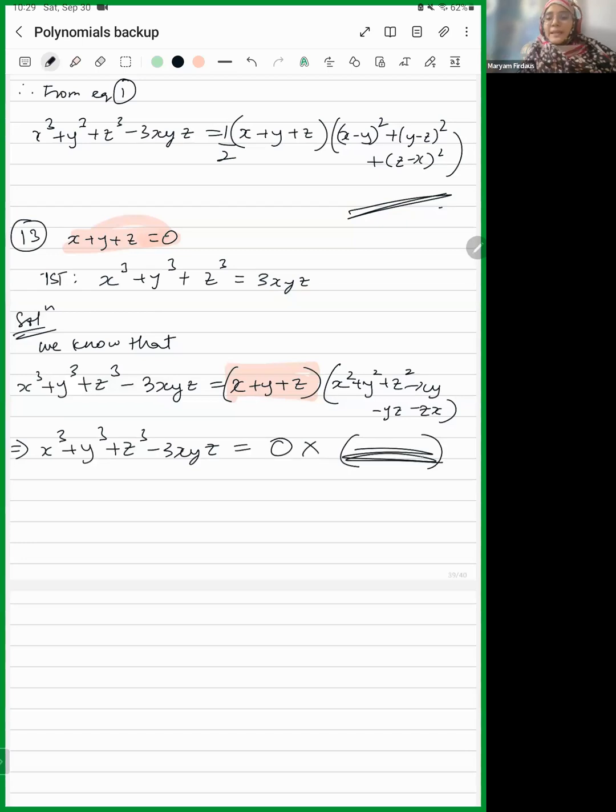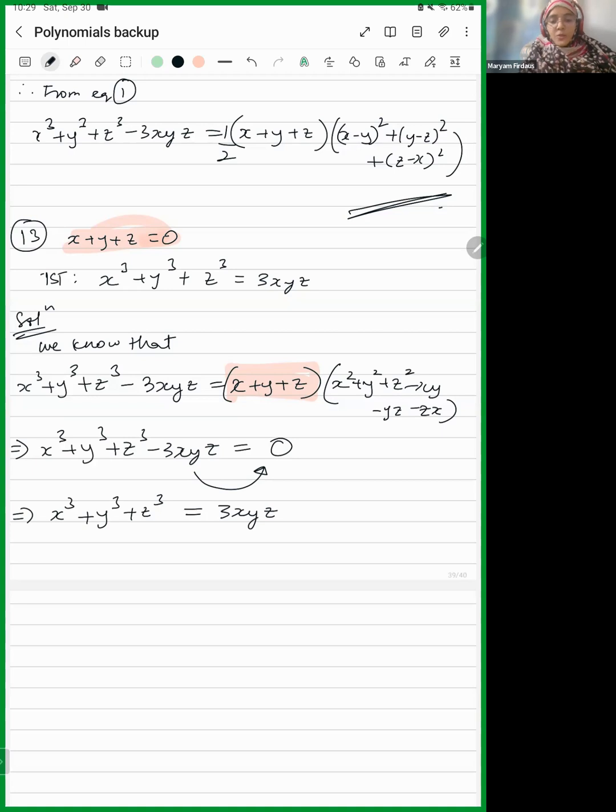Now 0 into anything is 0 itself, so we're just going to write the RHS as 0. Now you take the 3xyz to the right hand side. This becomes x cube plus y cube plus z cube is equal to 3xyz. And that is what we had to show.